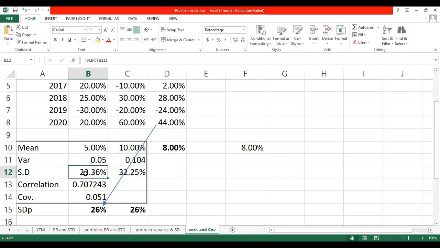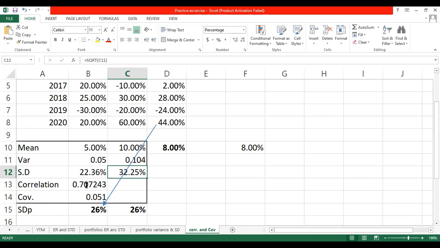For standard deviation, just take the square root of variance, and that 22.36 is a percentage. 22.36% standard deviation is there in stock 1 and 32.25% standard deviation is there in stock 2.